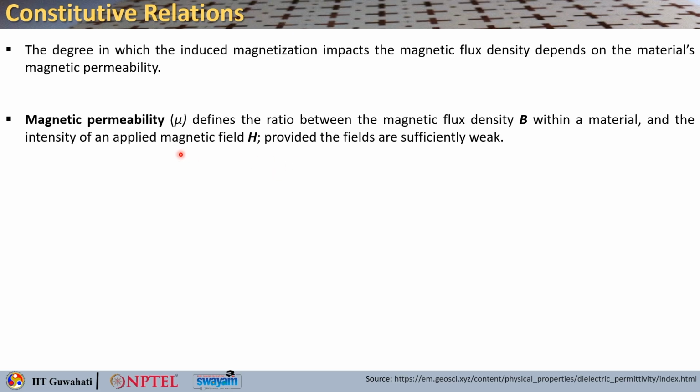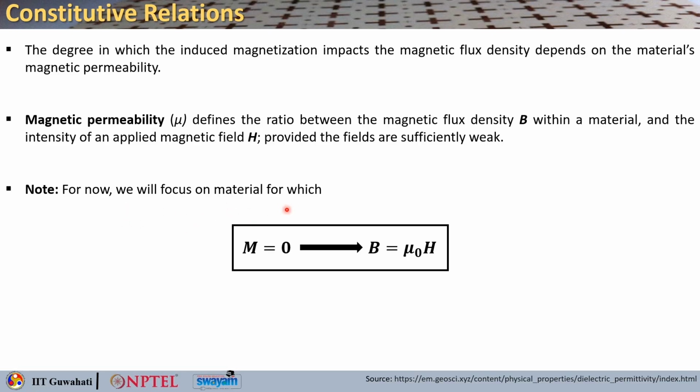Magnetic permeability is mu, defined as the ratio between the magnetic flux density B within the material and the intensity of the applied magnetic field H, provided that both the fields are very weak. So, B equals mu H, and you can understand that mu will be nothing but B by H.